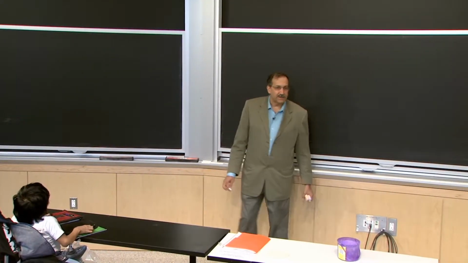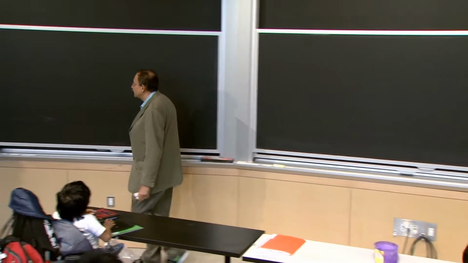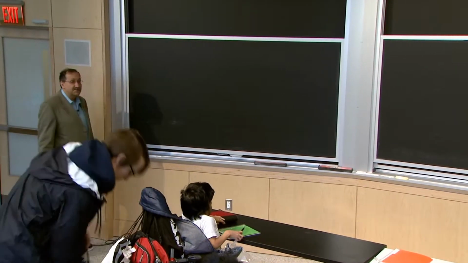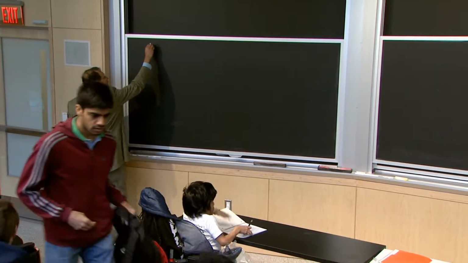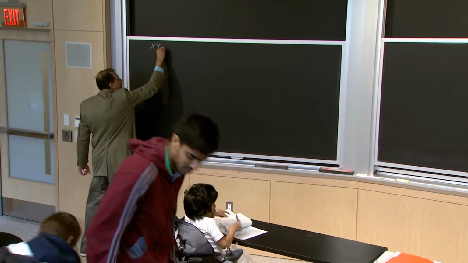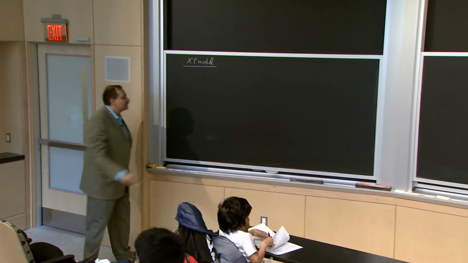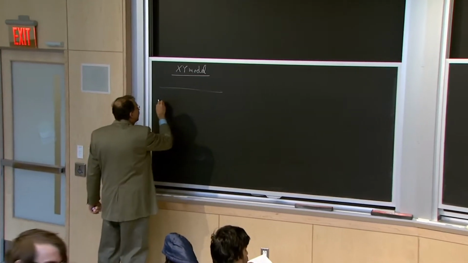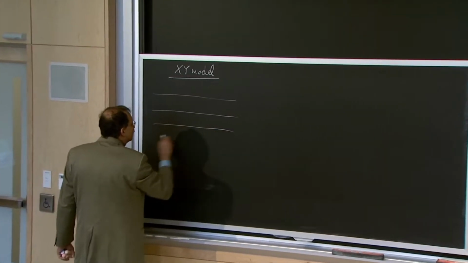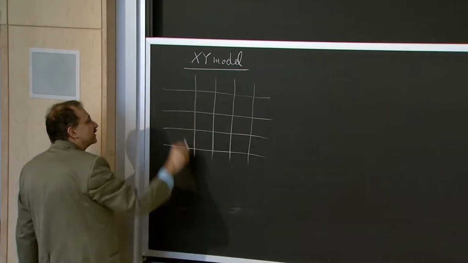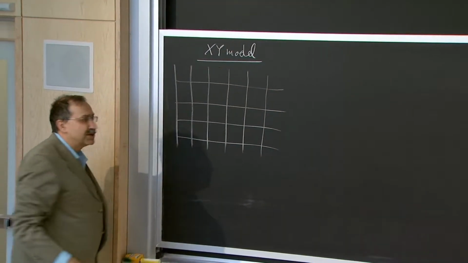Okay, let's start. So for several lectures, we've been talking about the XY model, which is a collection of two-component spins, for example, defined on a square lattice, but it could be any type of lattice.